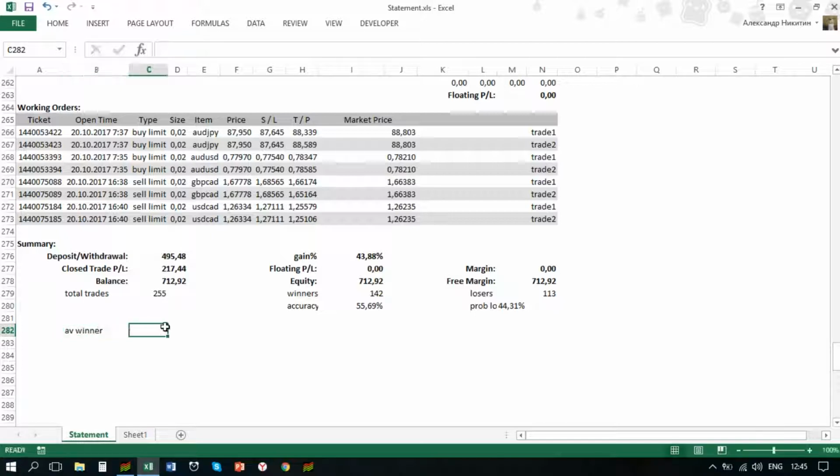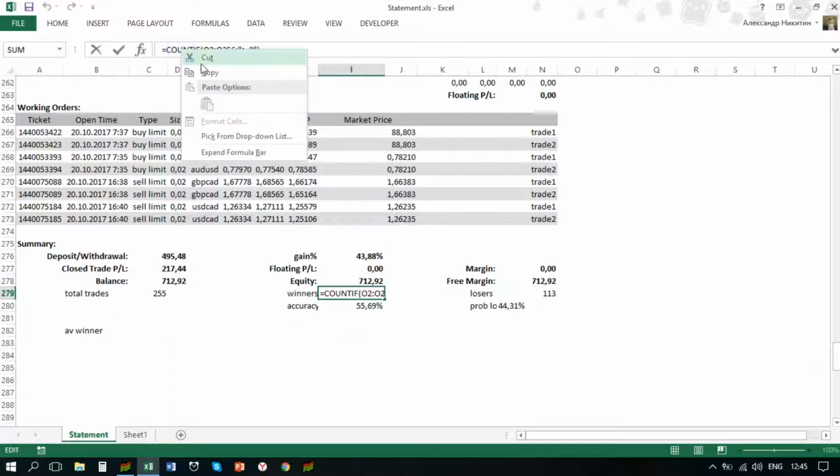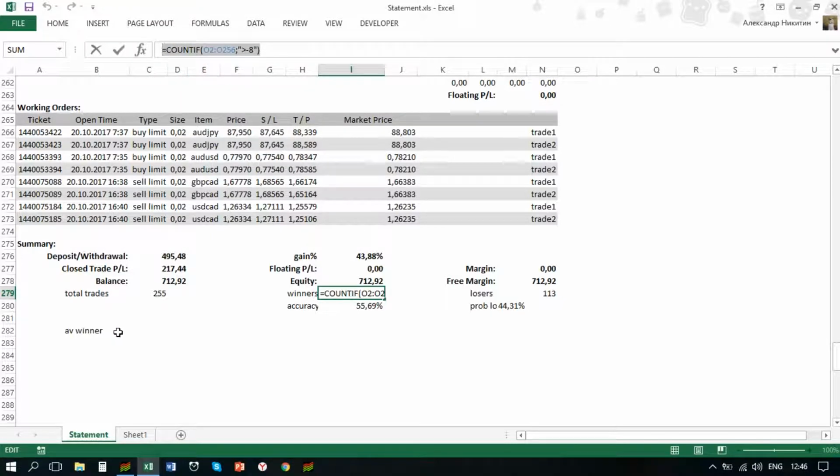Perfect. Here, let me choose this formula. Where is that? Here it is. Because it will be very, very similar to that. Copy. Average winner. Oh, no, don't do that. Undo this. Copy. And then I should release this, and then I should go here. Average winner.